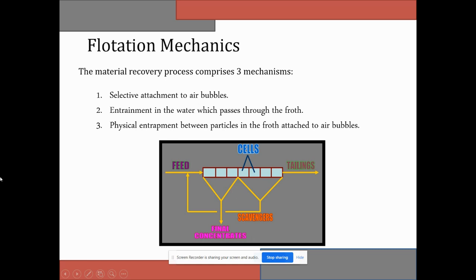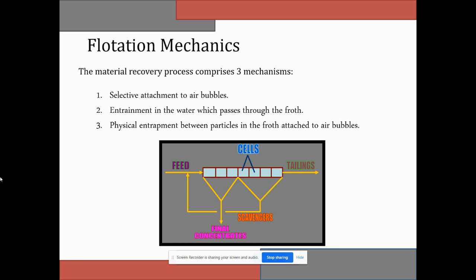Broadly classifying into three mechanisms. As evident from the figure, the feed is inserted into the cells where the materials are selectively attached to the air bubbles.